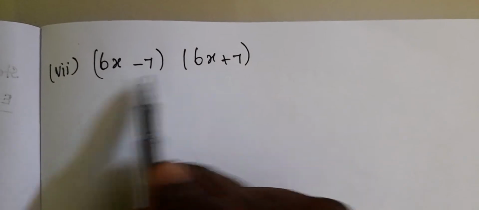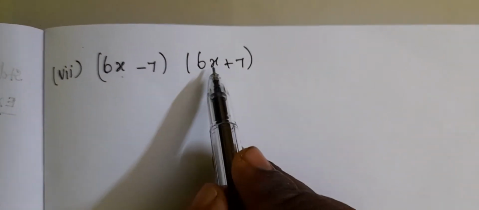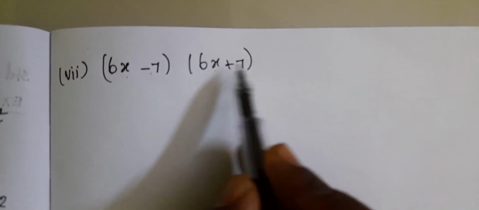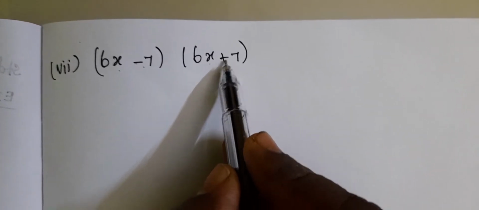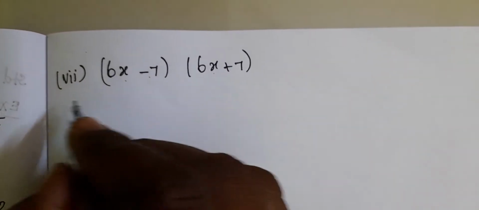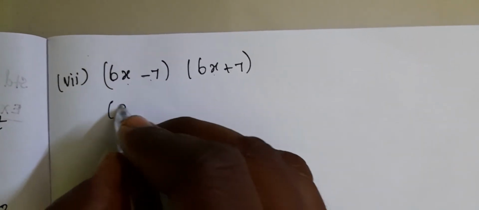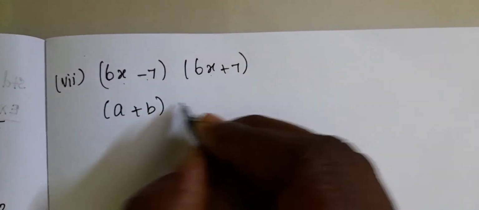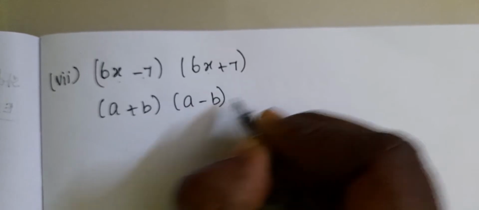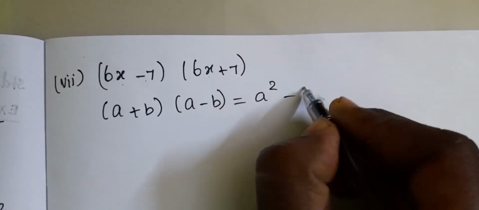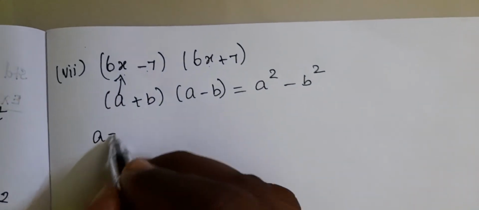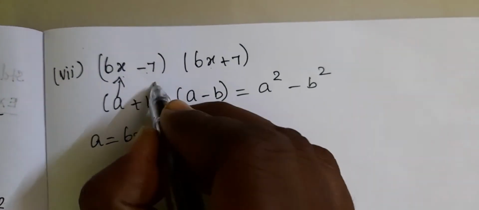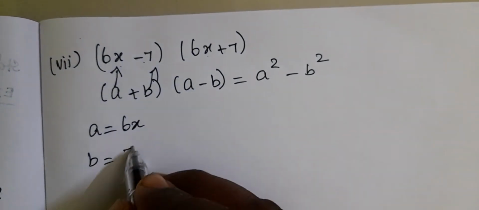Just observe the seventh question. 6x, 6x, 7, 7. One bracket contains a plus, another contains a minus. So definitely we have to use the third identity, that is a plus b into a minus b is equal to a square minus b square. So the value of a is 6x, the value of b is equal to 7.